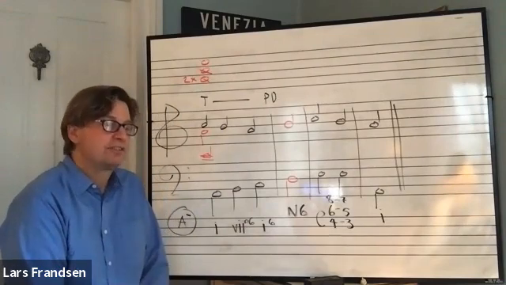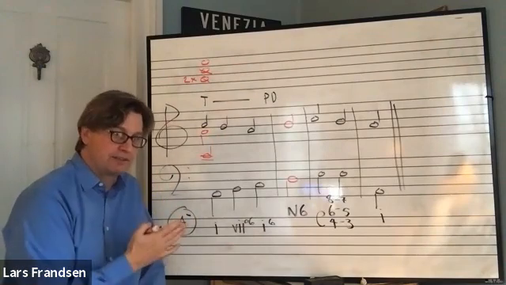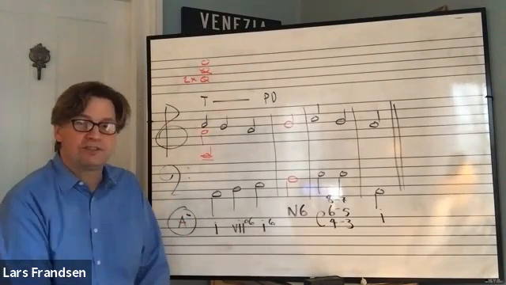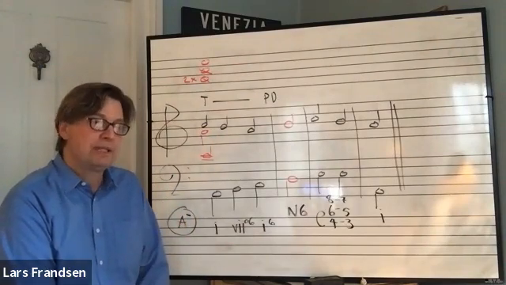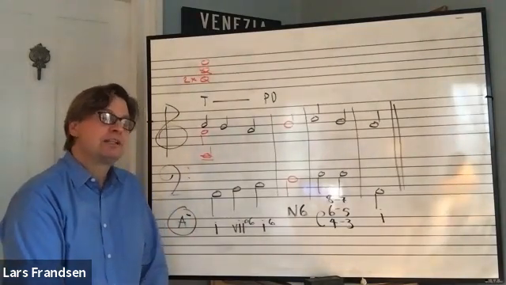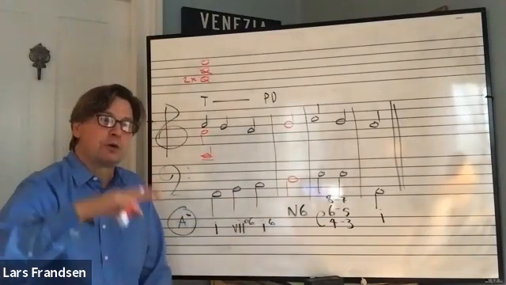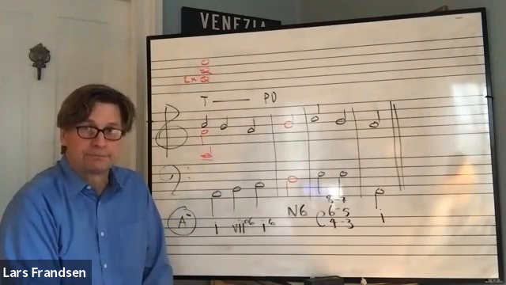So think of the minor mode, for the purpose of harmonizing, as being the same as the major mode, meaning with a raised 6th and 7th scale degree. The only difference between major and minor for harmonic practice right now is the lowering of the 3rd scale degree.